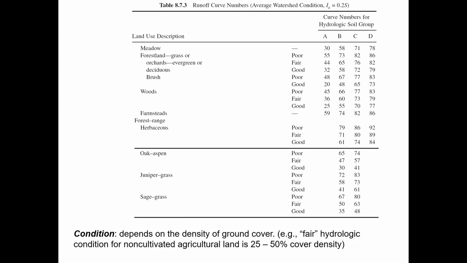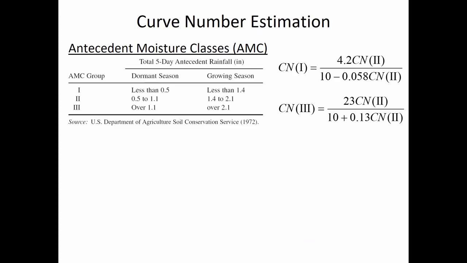So these curve number tables that we were looking at are for typical moisture conditions, not a particularly dry stretch, not a particularly wet stretch. But we need to sometimes be able to convert from those typical moisture conditions to the other extremes.